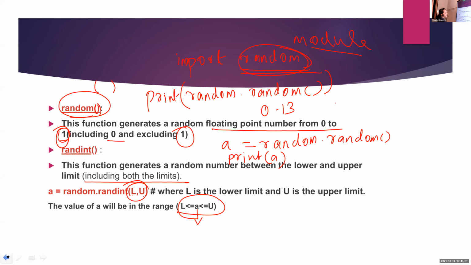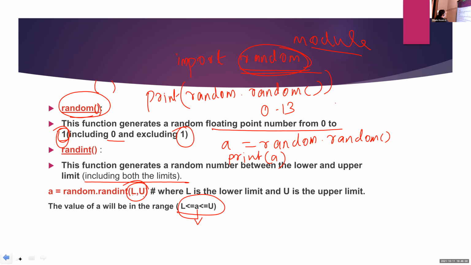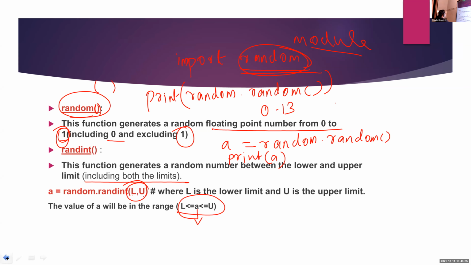A is equal to random dot randint, within bracket you want to write 6, 9. It will generate a set of values between this 6 and 9.